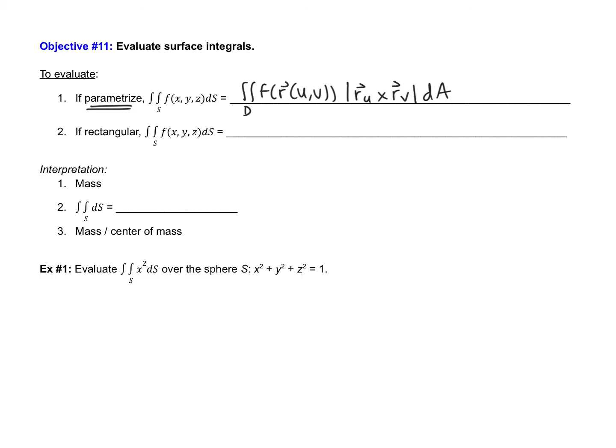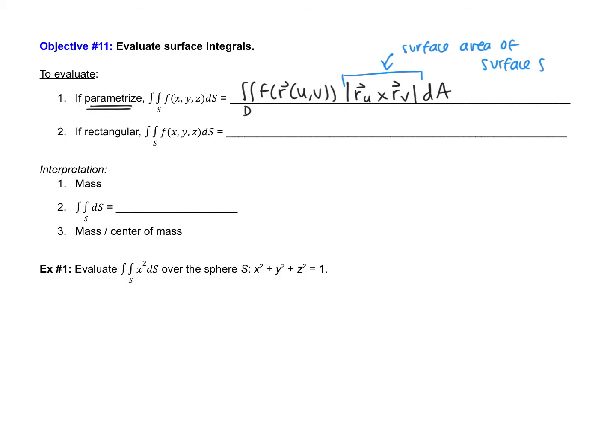Now, we skipped this lesson, so this probably doesn't jump out to you, but that has a meaning. That is actually the surface area of our surface S. So this is how you would evaluate the surface integral if you had parameterized.